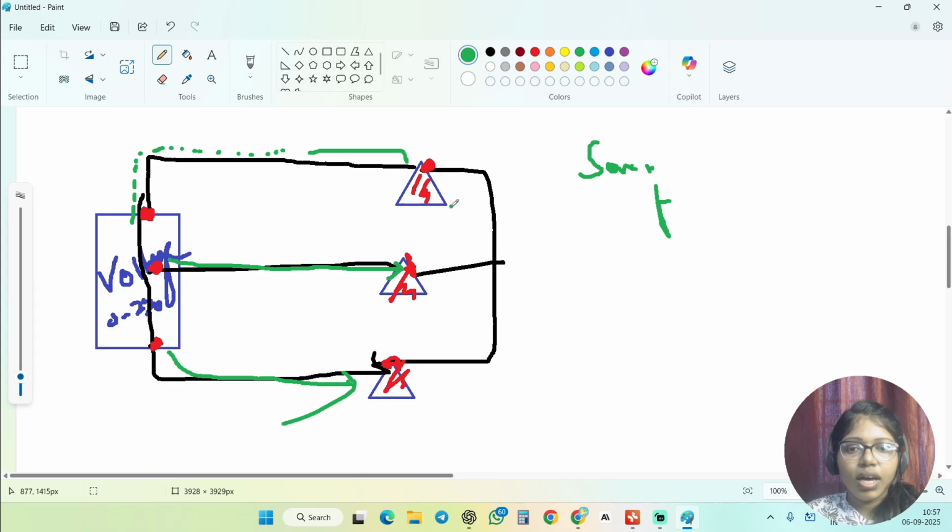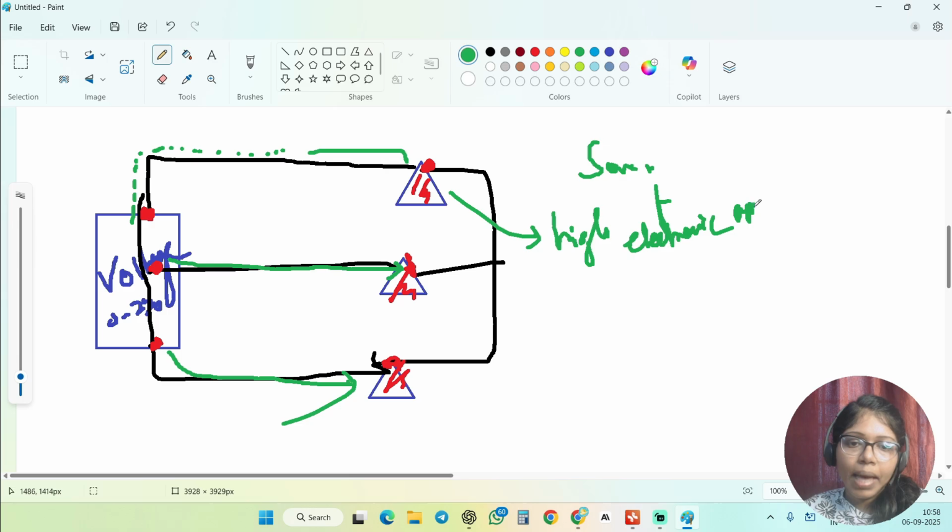Here you can simply see that when an ohm has multiple appliances, it requires a larger amount of current. When an ohm has fewer things, for example this ohm has fewer, and the other has high electronic appliances. This ohm has low electronic appliances, and this one has medium electronic appliances.